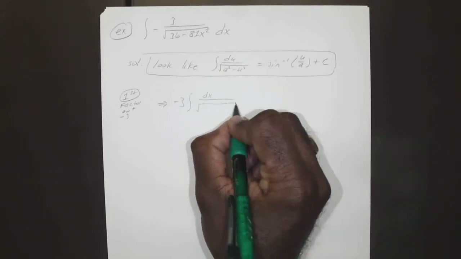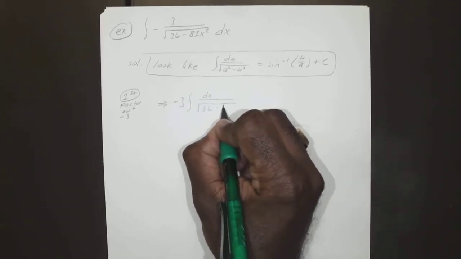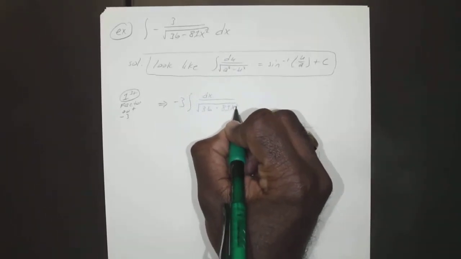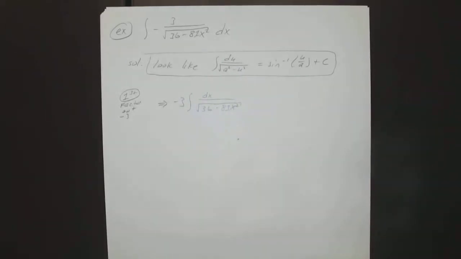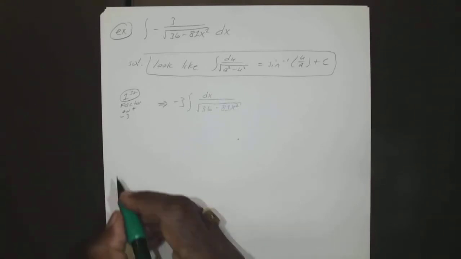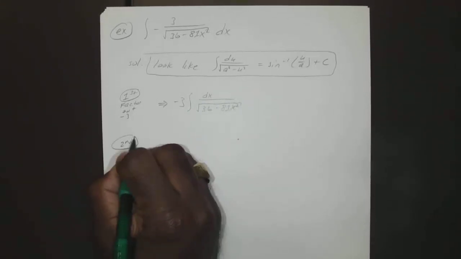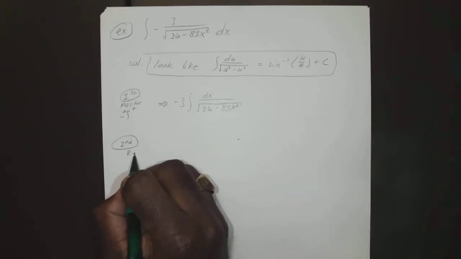Dx over the square root of 36 minus 81x squared. And really, step 1 and step 2 you can do at the same time. I just separate them for explanation purposes. Okay, so the second step, you rewrite it.